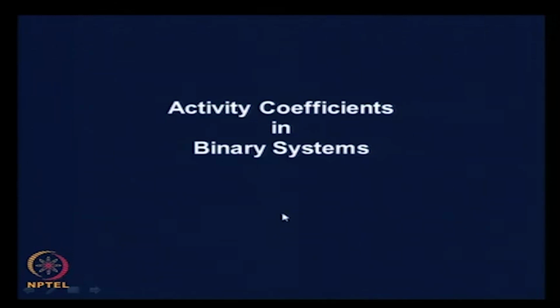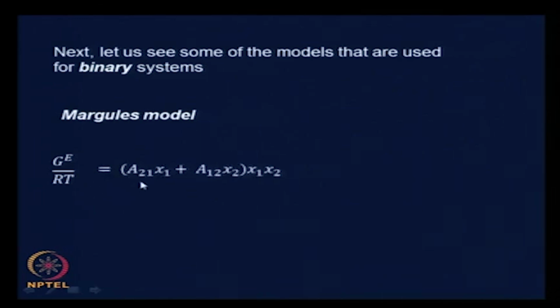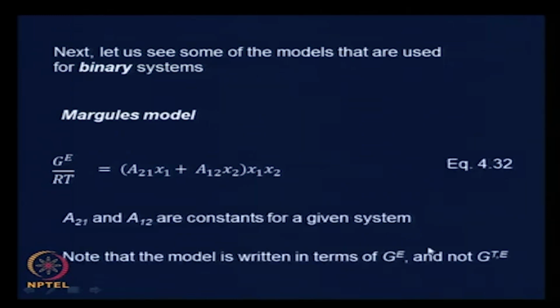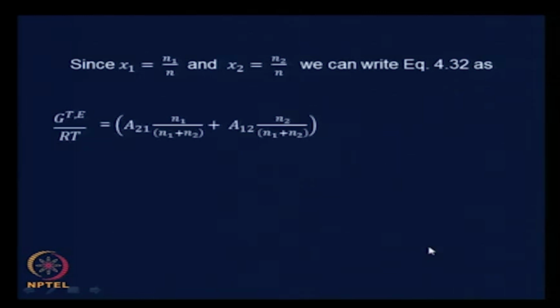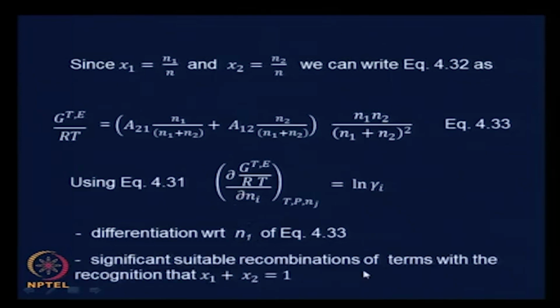Rather, before that I should say we started looking only at binary systems, the activity coefficients in binary systems from then onwards, and earlier we saw some intuitive models by Margules which gave us GE by RT equals A21 x1 plus A12 x2 times x1 x2, and by following the differentiation with respect to one of the mole numbers and suitable recombination, we could convert it this way, or we could do it in terms of x1 x2 also, that is what we did later, but here we did convert it to n1 and so on.